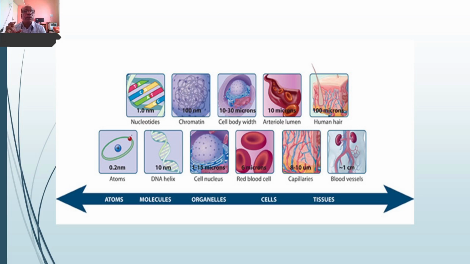Then the size of the red blood cells, red blood corpuscles or RBCs, is up to 6 microns. We know the red blood cells, erythrocytes, are non-nucleated cells without a nucleus, containing the respiratory pigment hemoglobin.